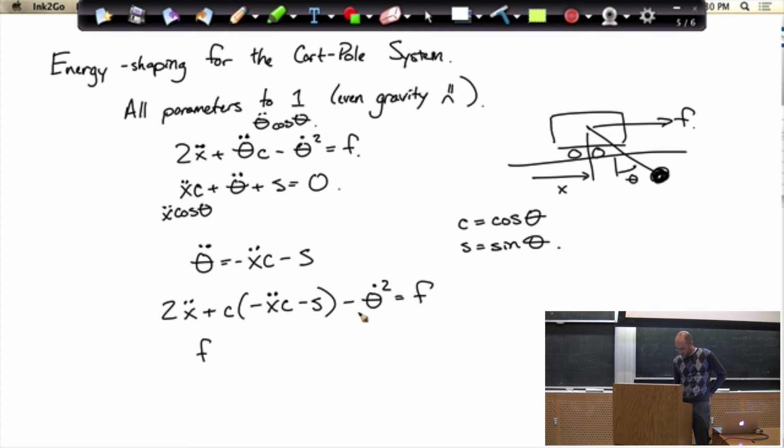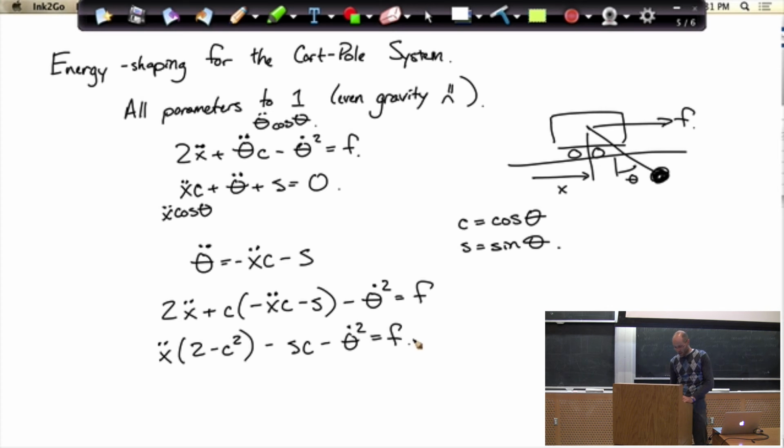I could set my force, maybe I should simplify that once before we write it out. So what is it going to be? 2 minus c squared, right? And then minus SC minus theta dot squared equals F.